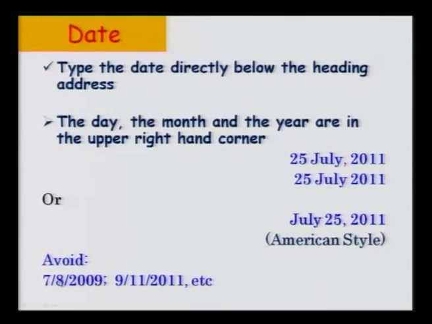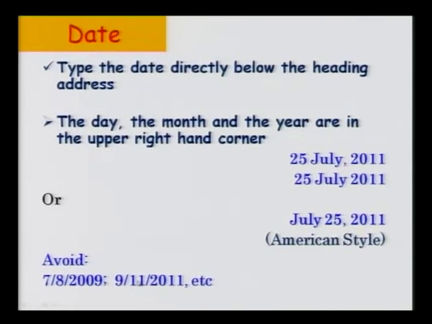Now, in American format 7 will be treated as the month, this will be considered as July and this becomes 8th of July. Now, if you look at this, in British format 9 is the day, 11 is the month, so 9th of September.